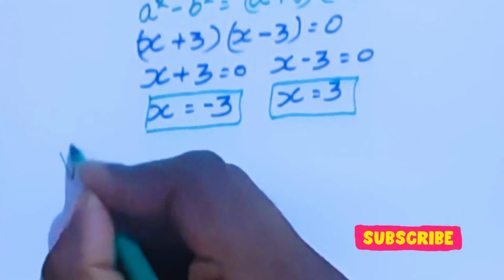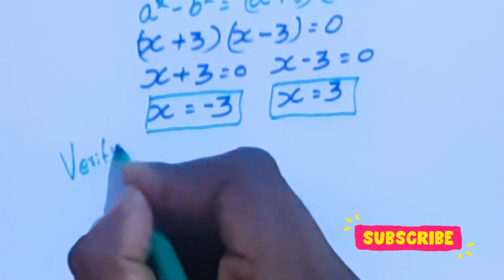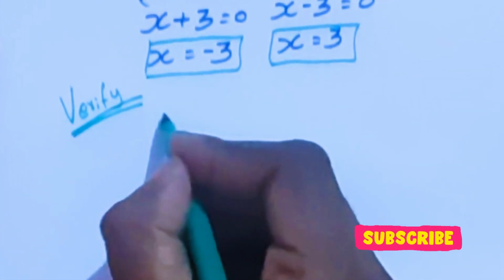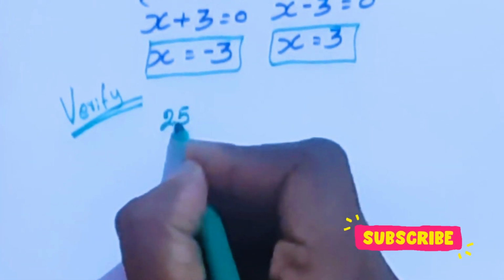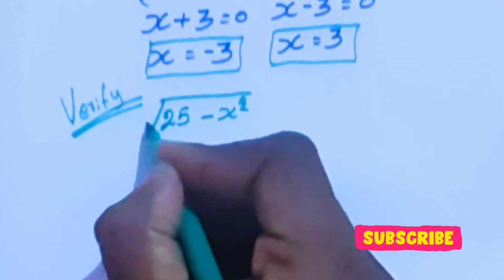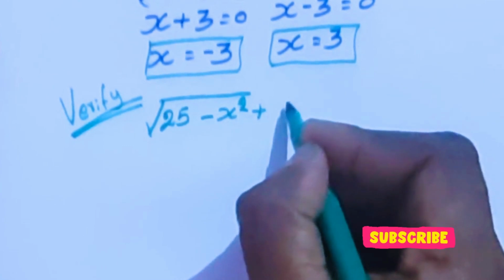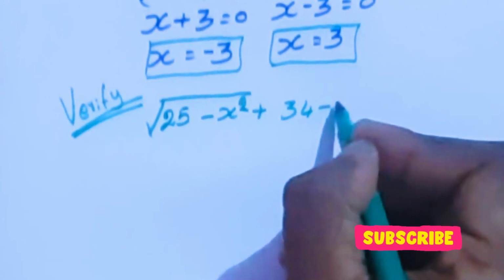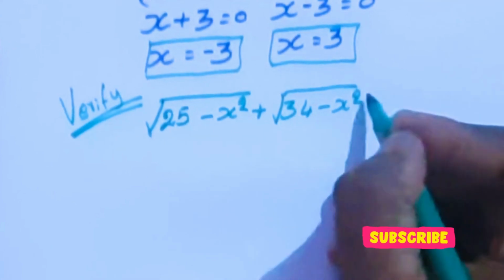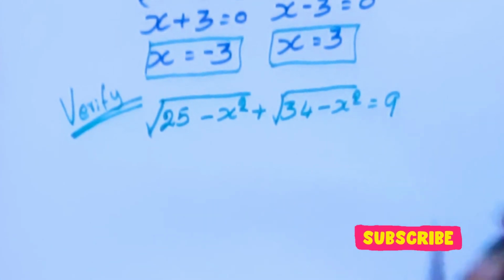Now we are going to verify this with the equation: square root of (25 minus x square) plus square root of (34 minus x square) equal to 9.